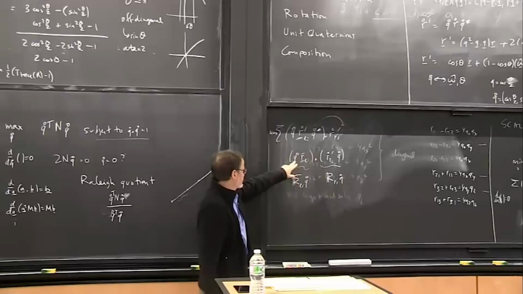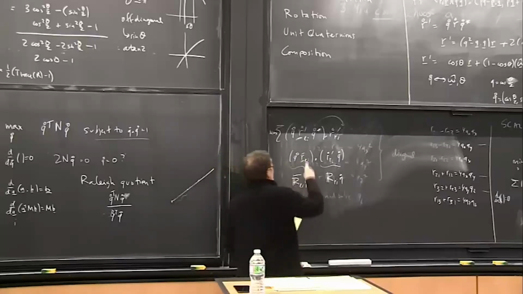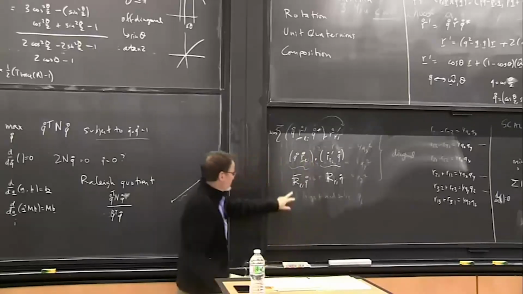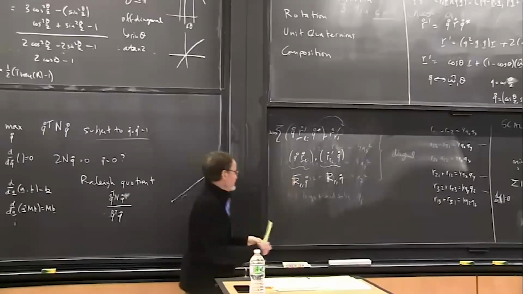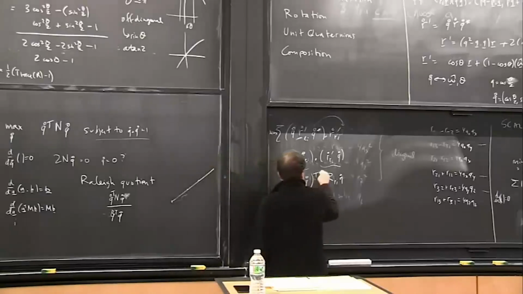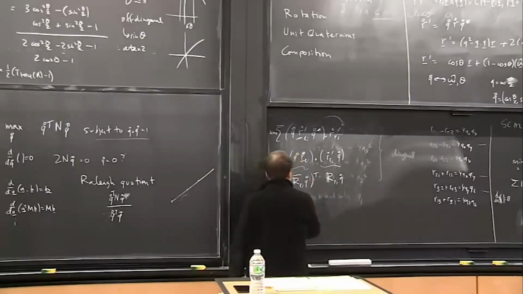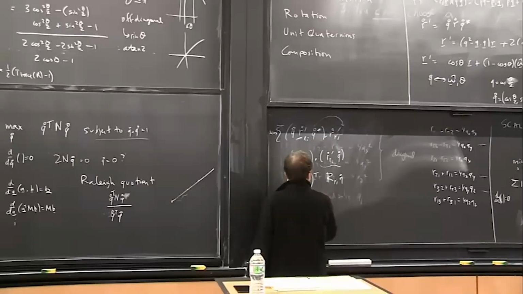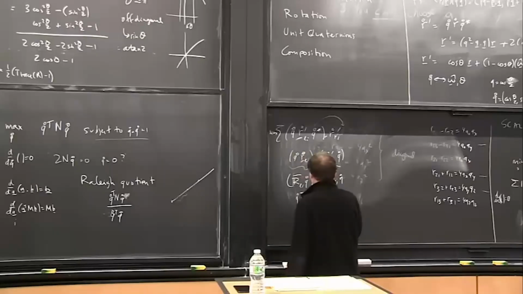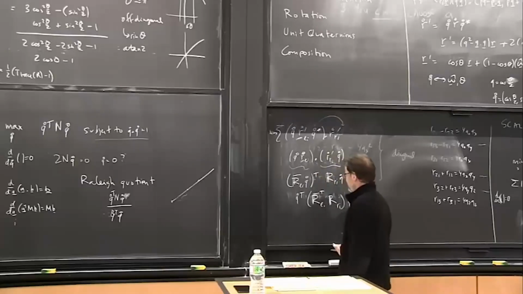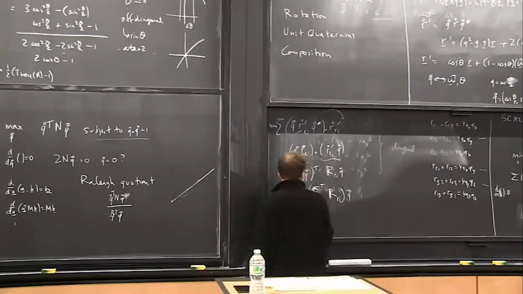We converted Q into a 4x4 matrix and multiplied by this quaternion. And now we do it the other way around. And then because this is a dot product, it's that transpose. And then we get Q transpose R transpose Li R Ri. And of course, it's the sum of that.